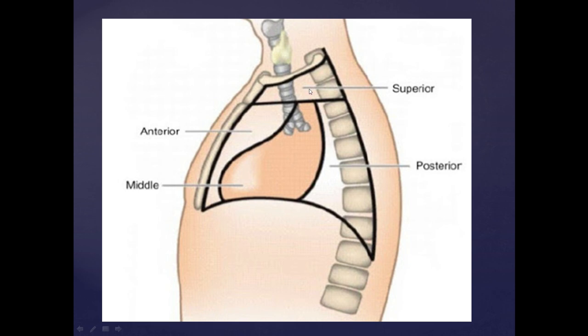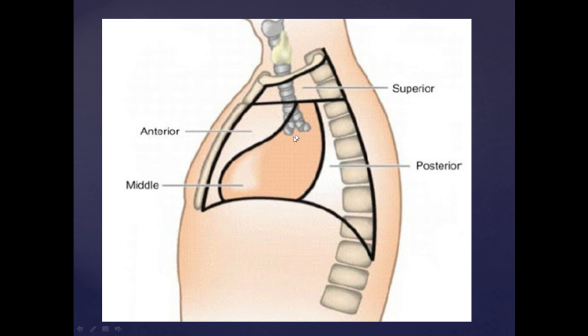The contents of the superior mediastinum are trachea, esophagus, brachiocephalic artery, veins, the various nerves like vagus nerves, phrenic nerves, and there is a duct known as thoracic duct. While in the case of inferior mediastinum, the main important part is the middle mediastinum.